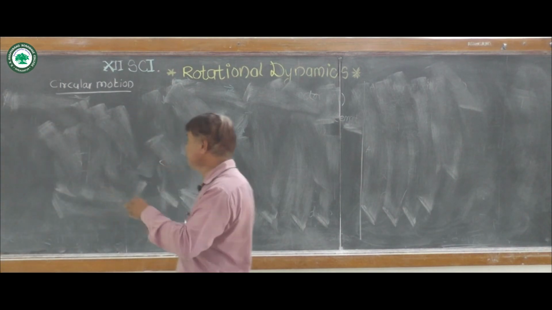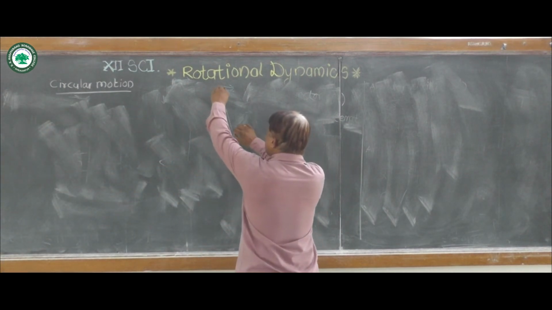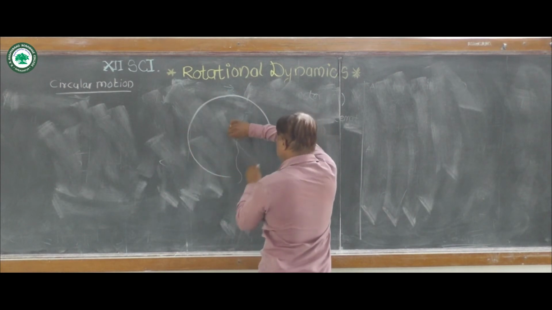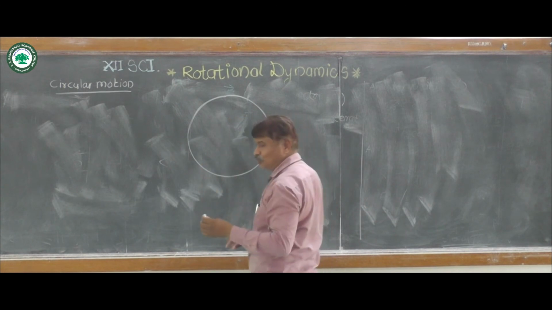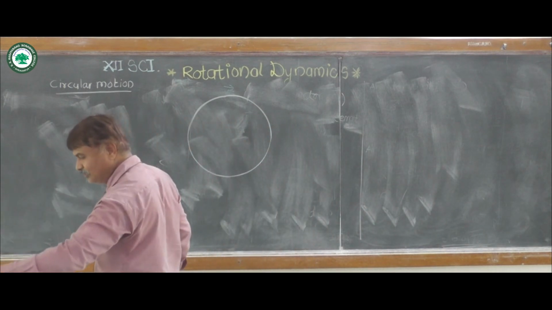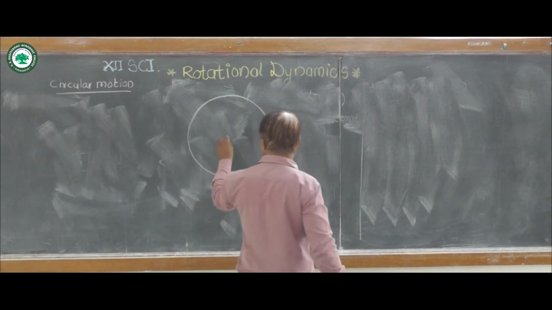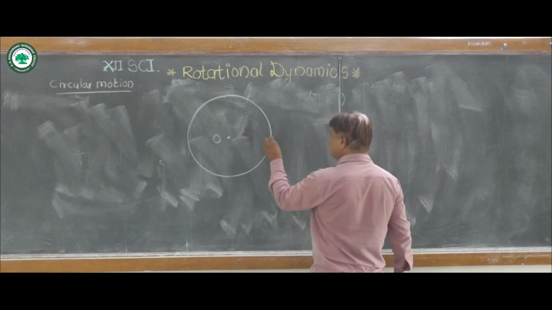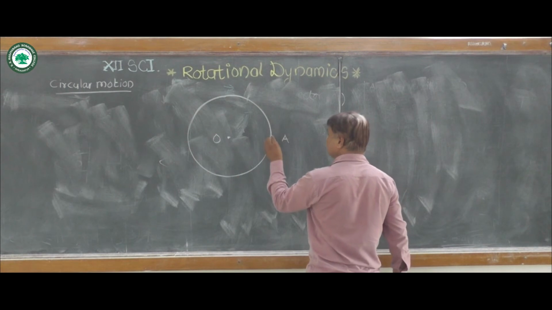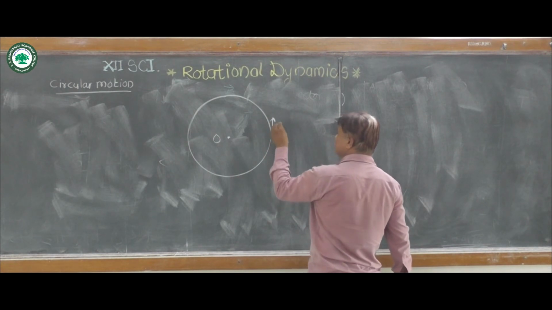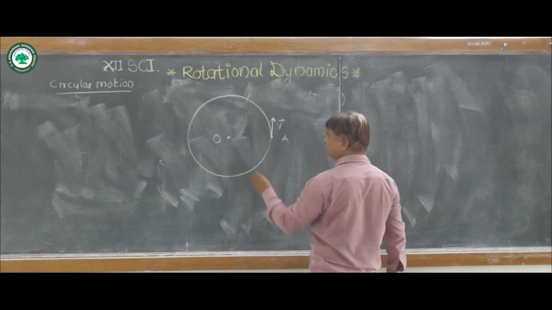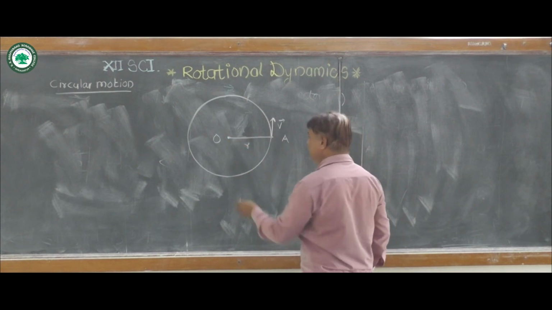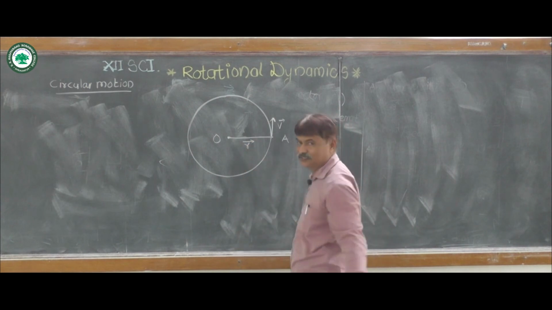Now if we consider linear velocity or linear speed in circular motion, this is the center of the circle O. A particle is at position A, this is the direction of linear tangential velocity and its magnitude is constant, means linear velocity or linear speed is constant.